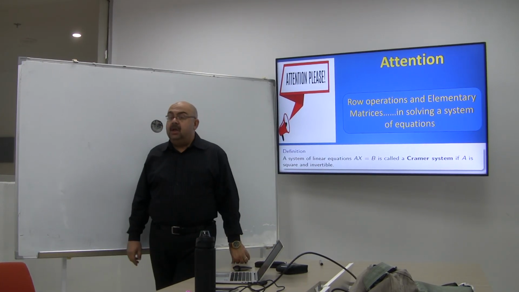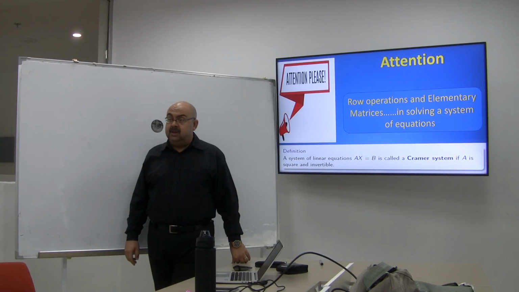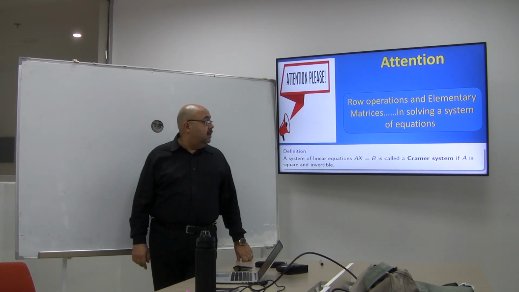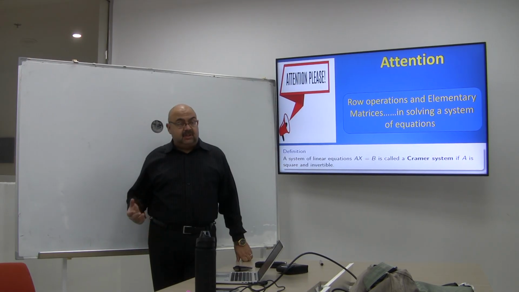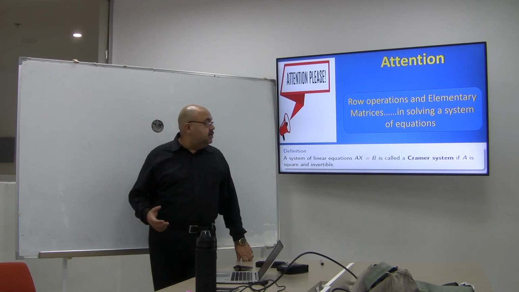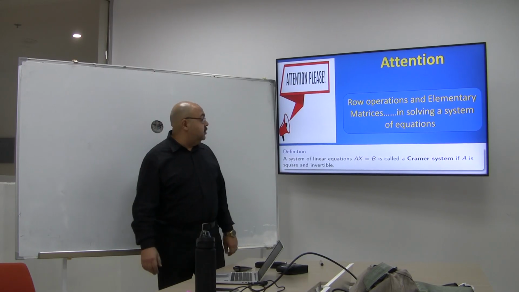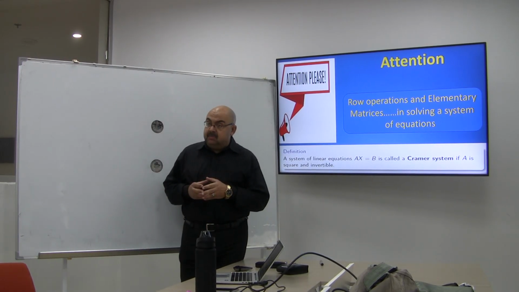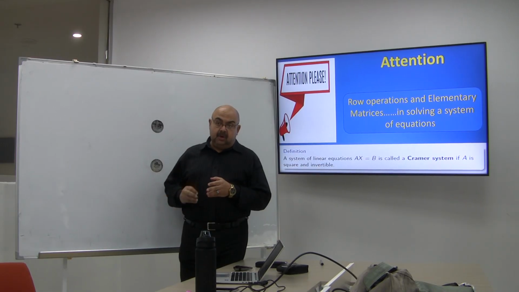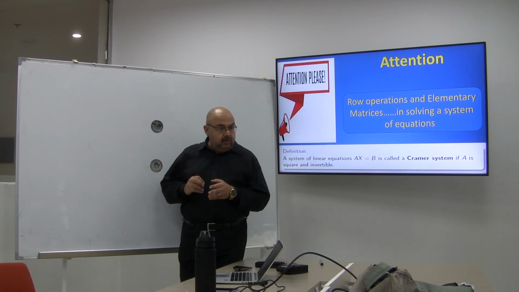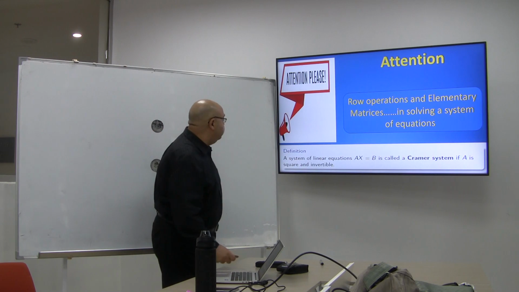Cramer is related to determinants, but the name is also given to systems of equations once you have a unique solution. So once you hear a Cramer system, it's an abbreviation for just only one solution for a system of equations, okay?